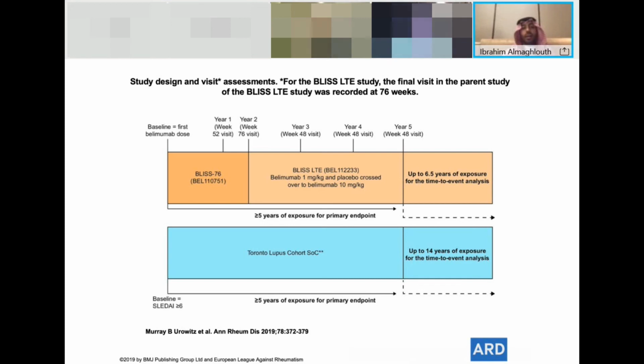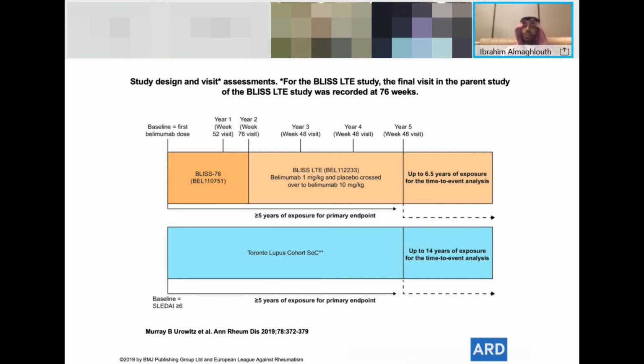The first question that you will have in mind is, well, the Toronto lupus cohort may be completely different than the patients who were enrolled in the BLISS trial, and that's an absolutely important observation, and that's why they used the propensity score to ensure that both study groups are similar in all factors that they can think about, except for the treatment, which is belimumab.